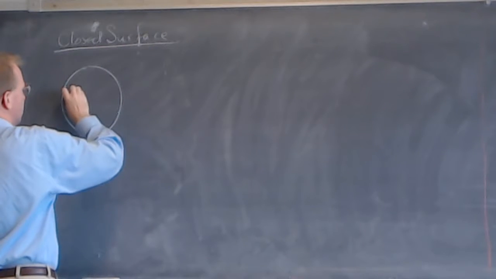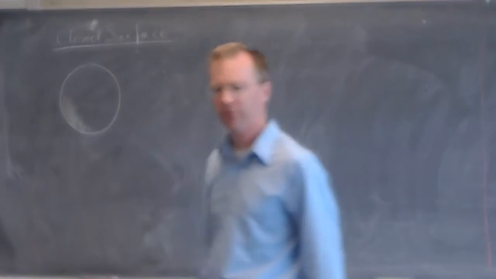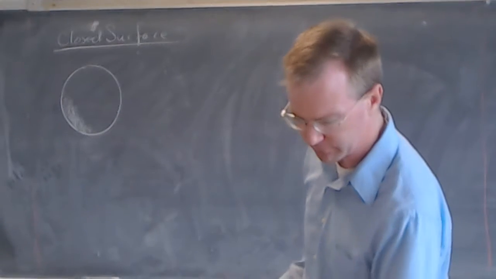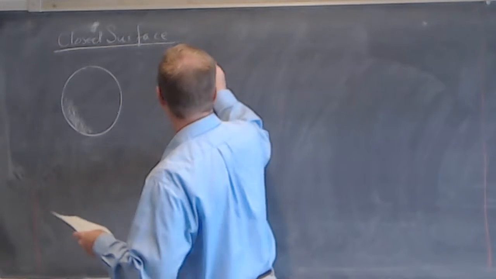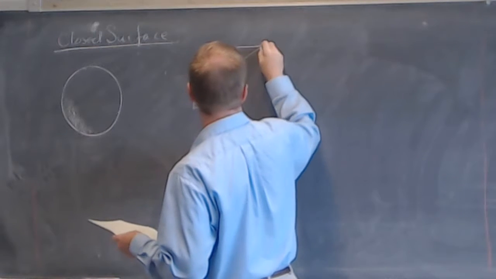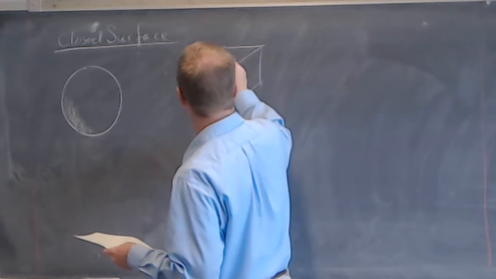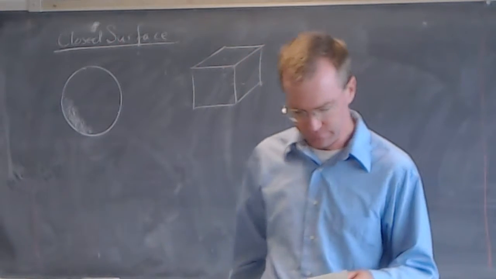So, for example, I can take that sphere there, that's a closed surface. Or I could take a box, like that.